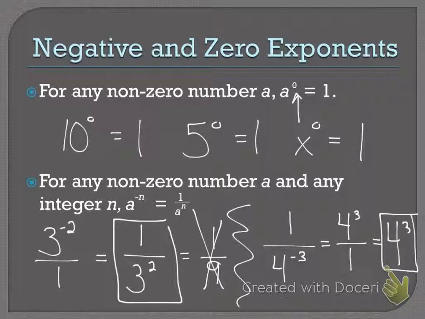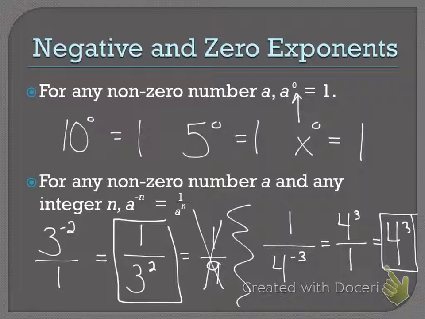Okay, 4 to the third power. I do not need to evaluate any further. We're basically writing these exponents as positive exponents instead of negative. All right, so those are our two rules that are foundational for the lesson today.